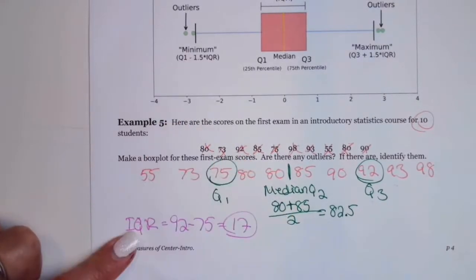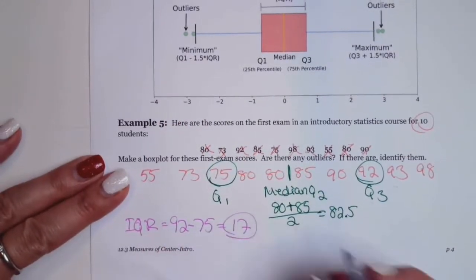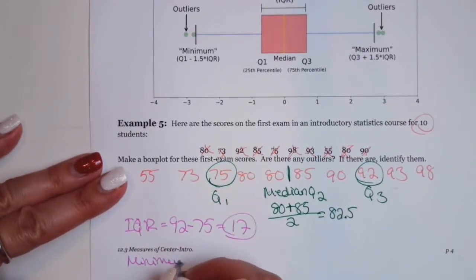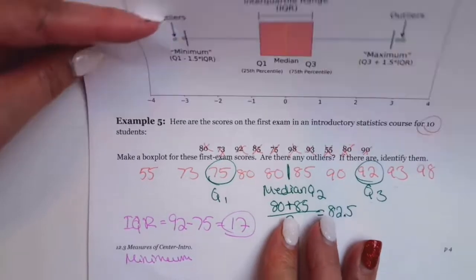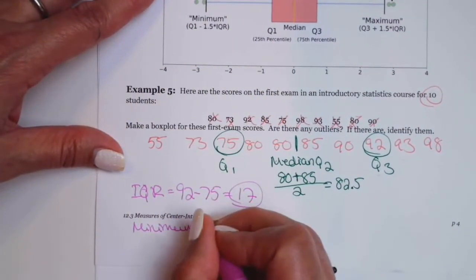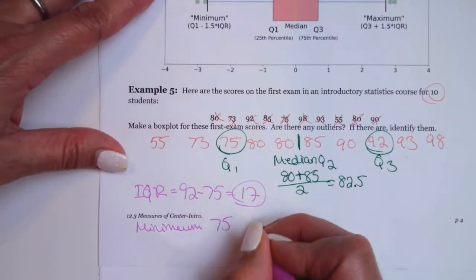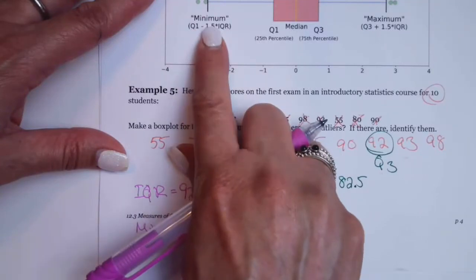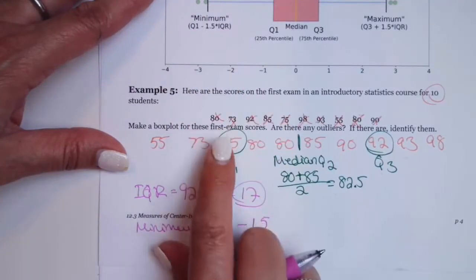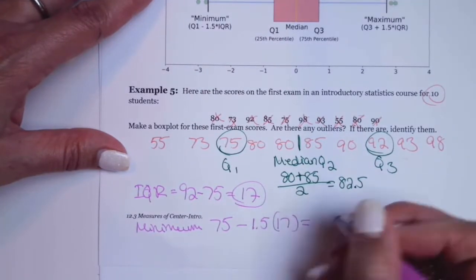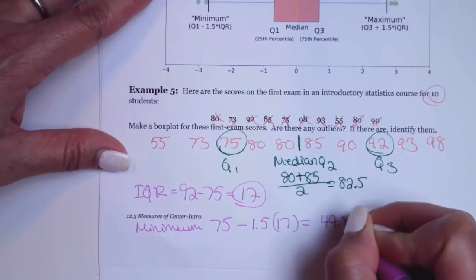Our minimum is going to be Q1, which is 75, minus 1.5 times the IQR, which is 17. And when we do this calculation, we get 49.5.